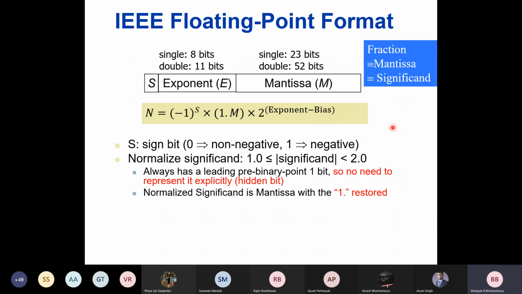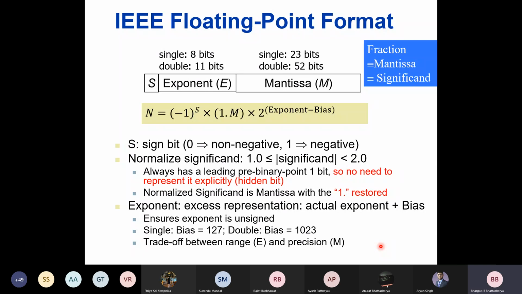See, the reason we do this is that we want to represent exponents to be positive or negative, but by using this bias, the value of the exponent will always appear as a positive number, so that during comparison, we don't have to worry about the sign.